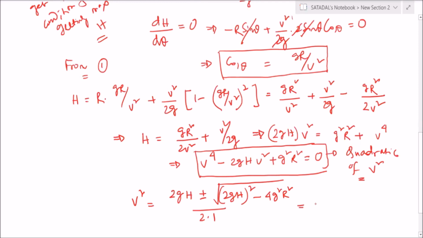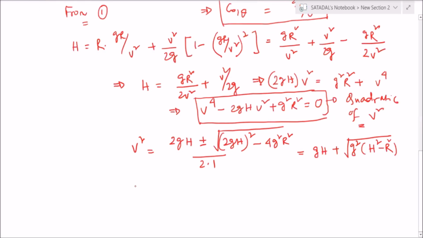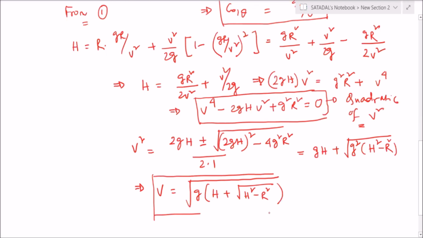How much are you getting now? gH plus root under of, if I take g square common, H square minus r square. So v is coming to be root under of g into H plus root under of H square minus r square.